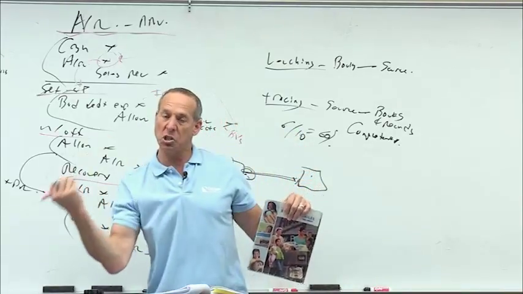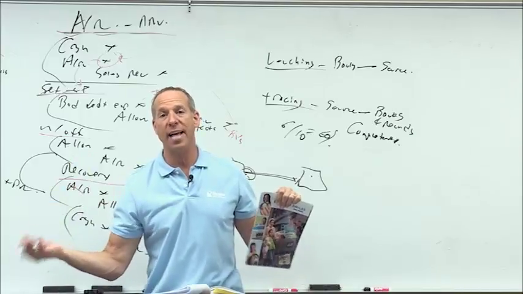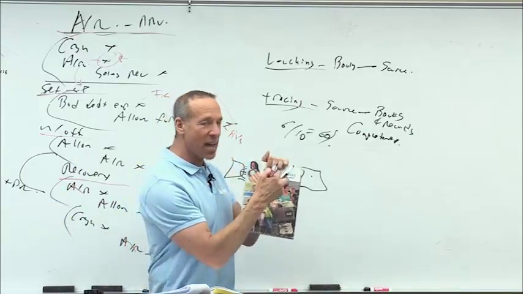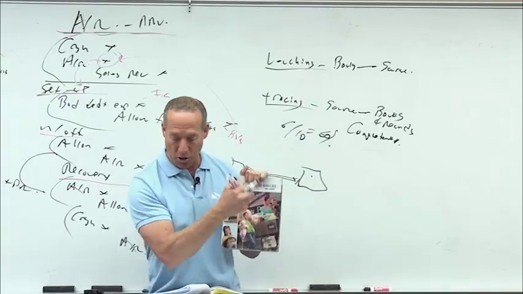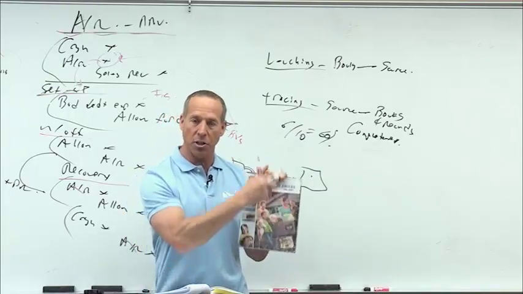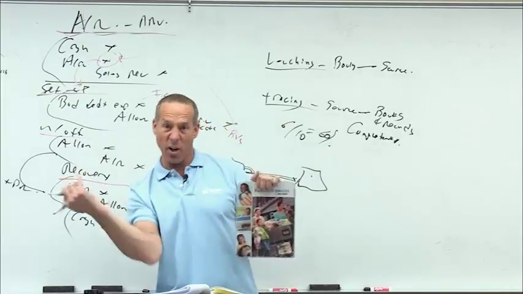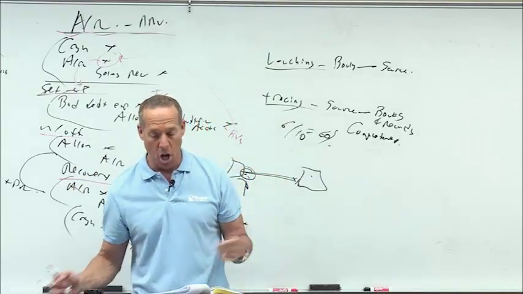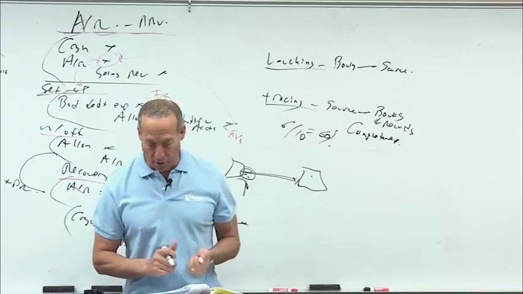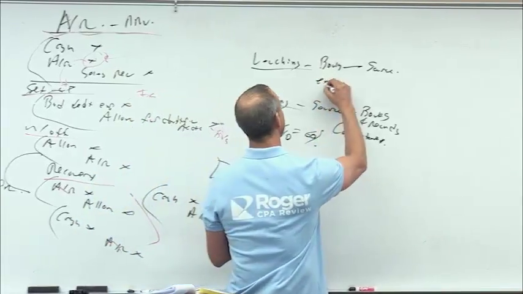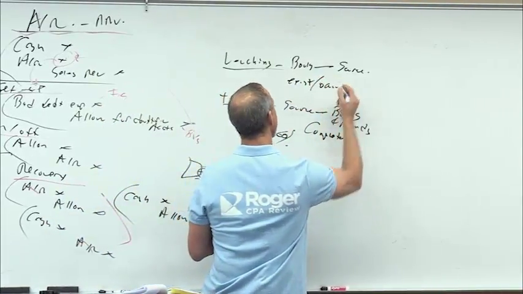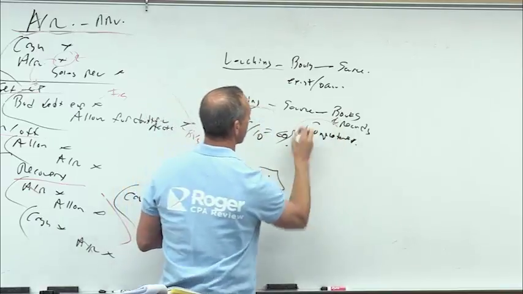Let's go back to the source, which is where the transaction started from. That tells me that this receivable actually exists, or the sale that created it actually occurred. So with vouching, we're looking at existence or occurrence, whereas with tracing, we're looking at completeness.